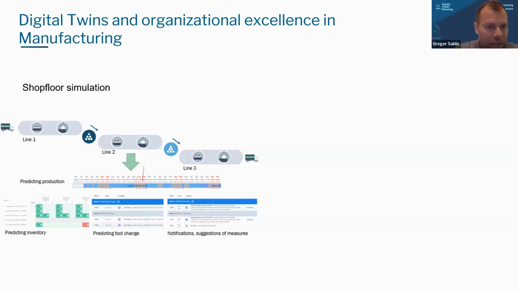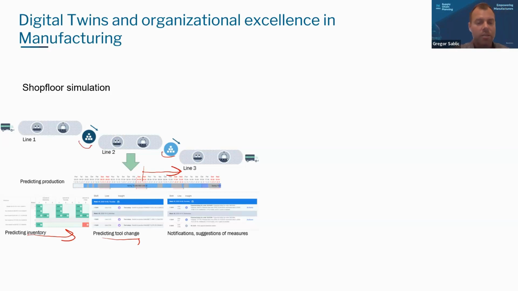So we know exactly how the whole production will look, how much is going to be produced, how inventory levels are going to move, and also predictions of, for instance, tool changes if we're talking about discrete manufacturing. So we really have the whole shop floor simulation in front of us, as well as these intermediate stock levels.